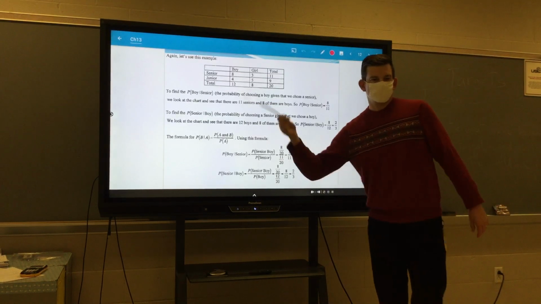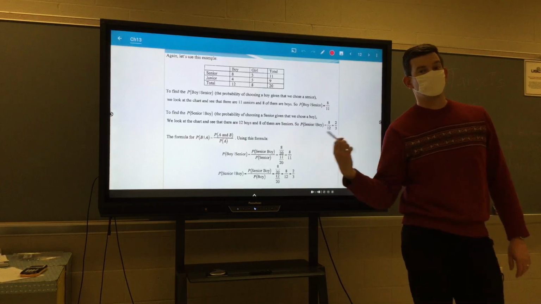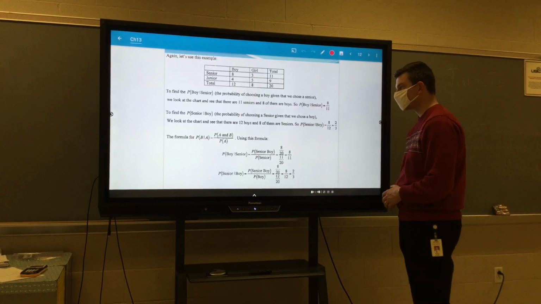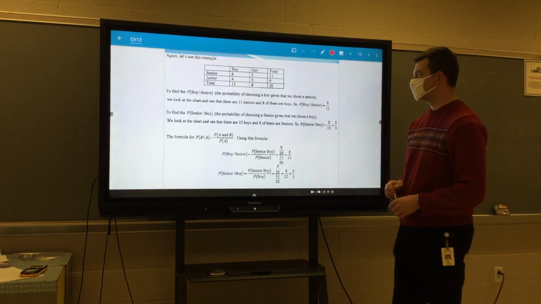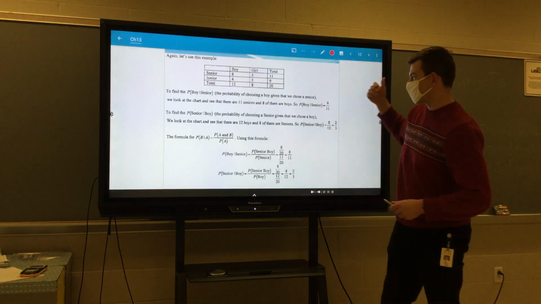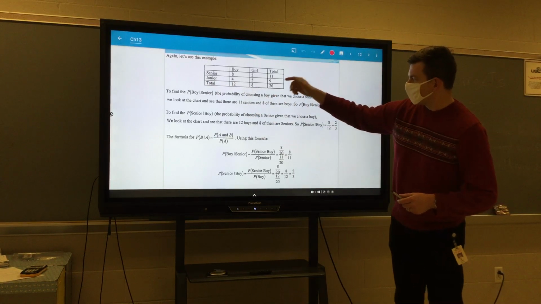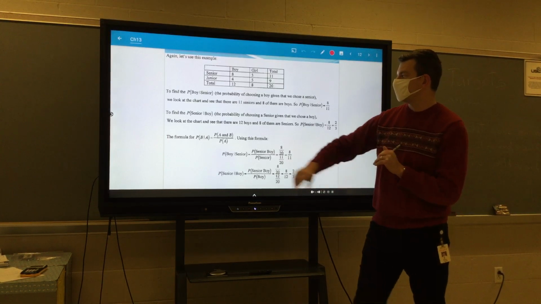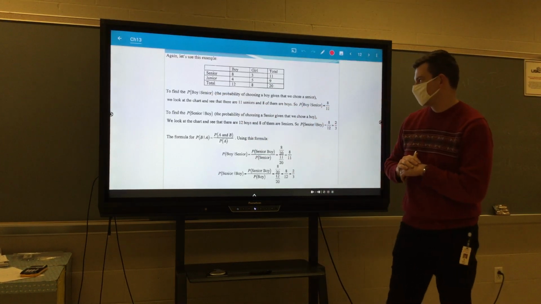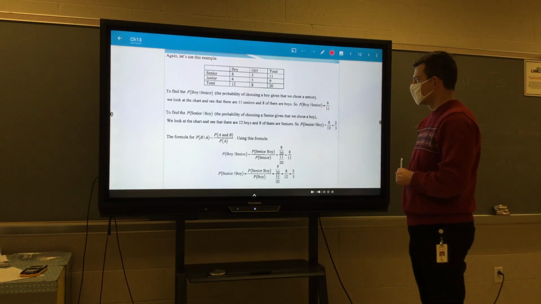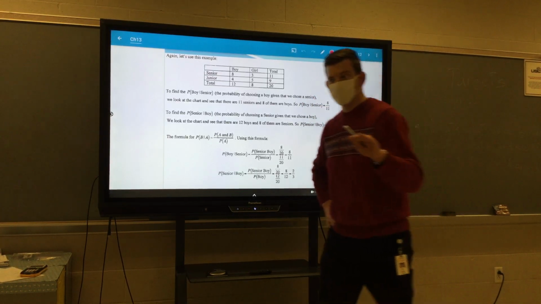Let's try some practice, revisiting a problem we saw last week. These senior boys in their class. Remember, a class of 20 students, seniors and juniors in the class, boys and girls in the class. We are interested in the probability of selecting a boy given that we select a senior. We have this chart in front of us. One way to look at this is just by using the chart.